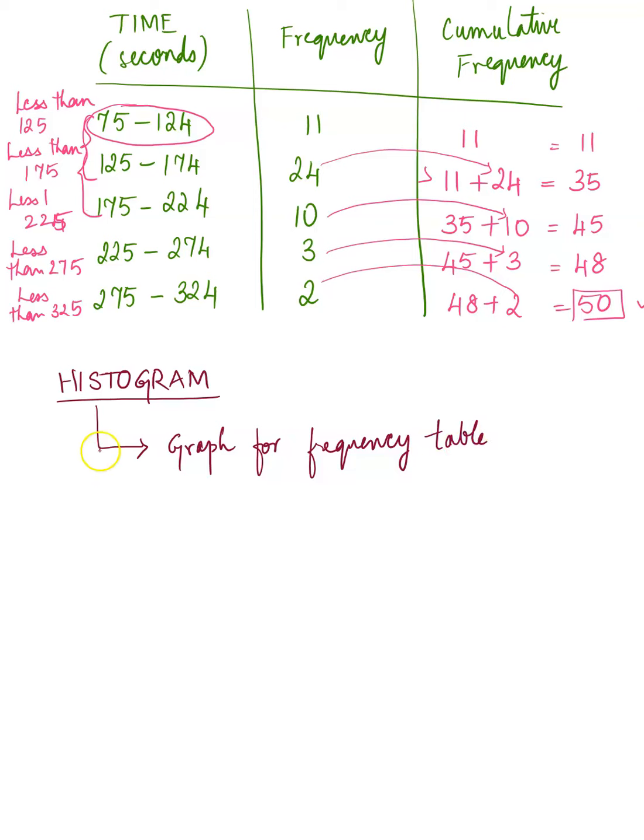And this is a graph that consists of bars. It's a bar graph. Okay, it consists of bars of equal width, because you don't want one bar to be slim, another one to be wide, so you want all the bars to be of equal width. And we took care of that, right, because we had the class width. Okay. And these are drawn adjacent to each other, right next to each other.